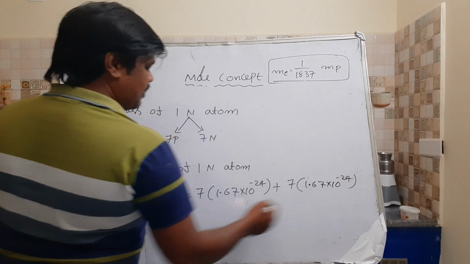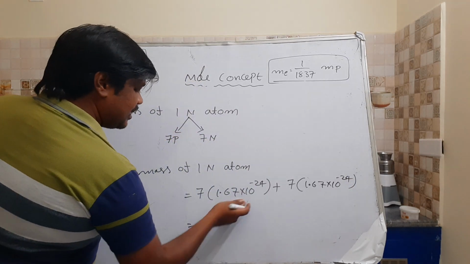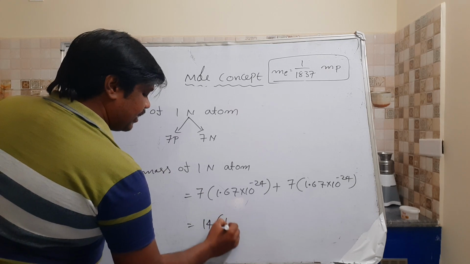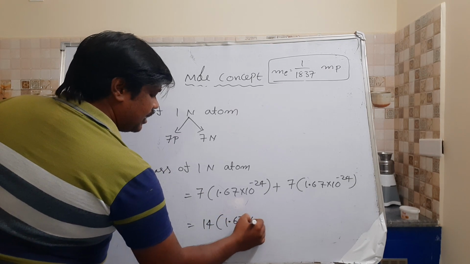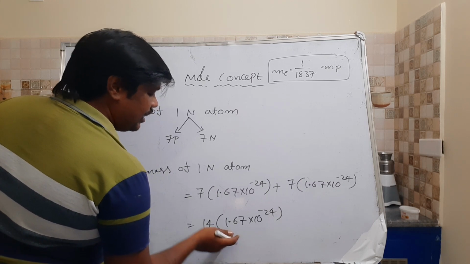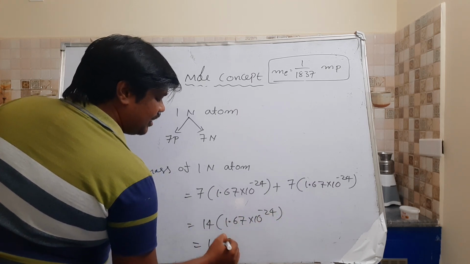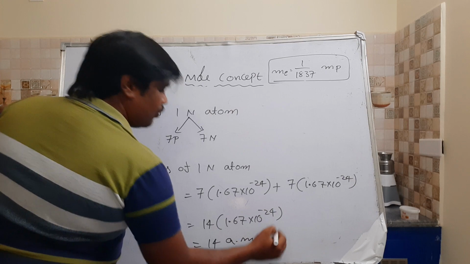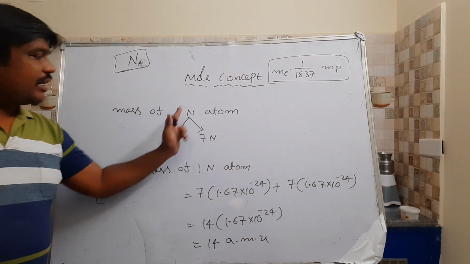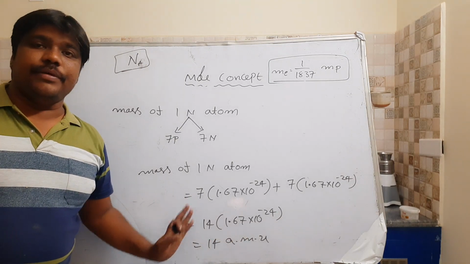This is nothing but the mass of neutrons. You take this number as common. So 14 into 1.67 into 10 to the power of minus 24, students. And this much grams is nothing but AMU. 14 AMU, right? Mass of one nitrogen atom is 14 AMU.